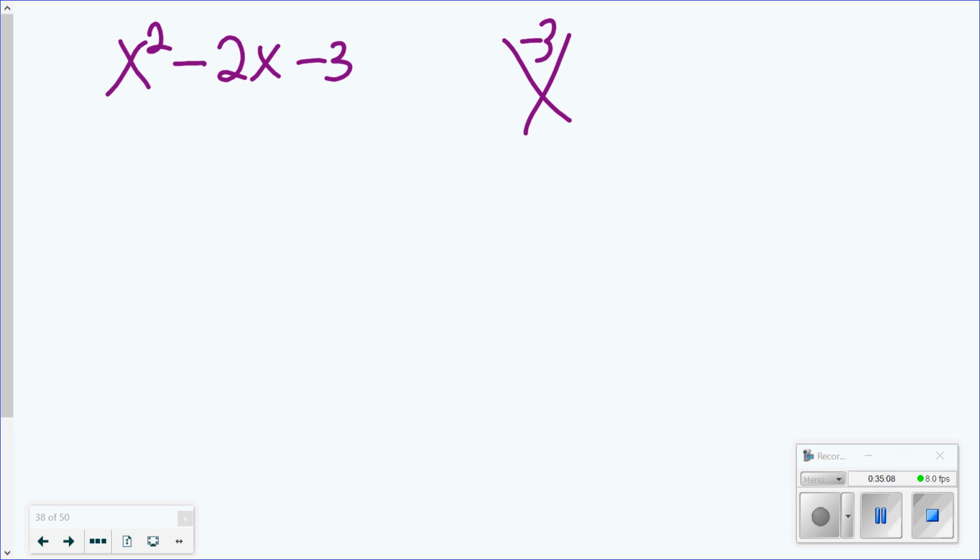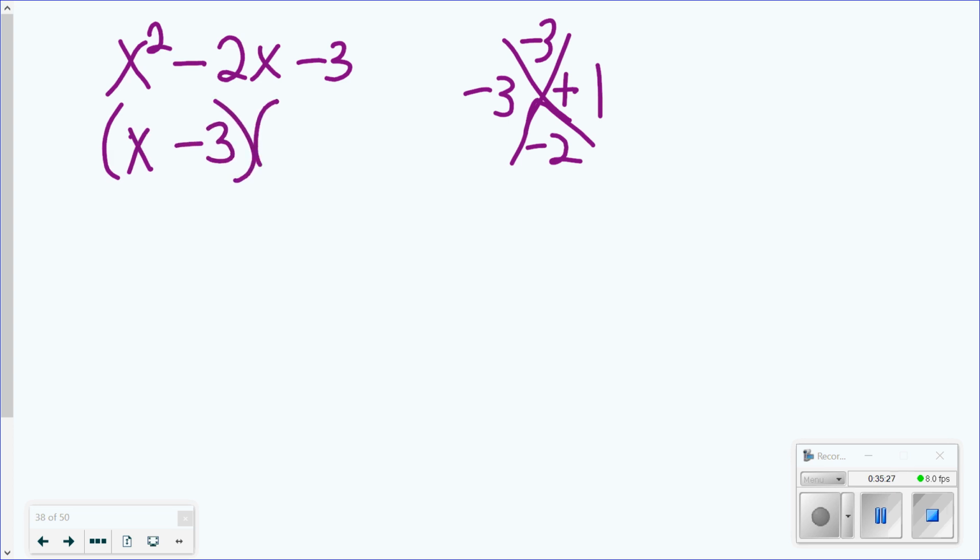They will multiply to give us a -3. That means one has to be negative and one has to be positive, but they add to give us a -2. So that means they're going to be -3 and 1. Those are the factors of -3 that will add to a -2. So our factors are x minus 3, x plus 1.